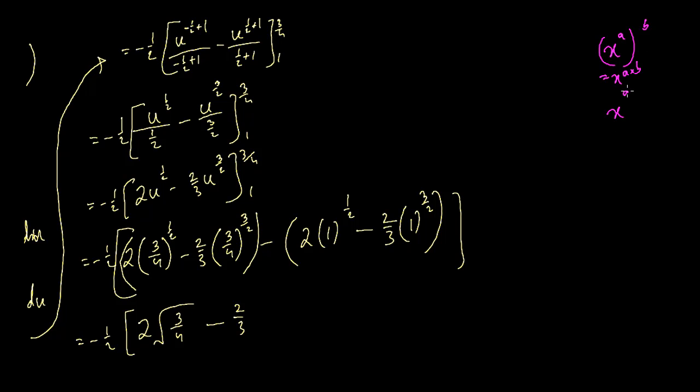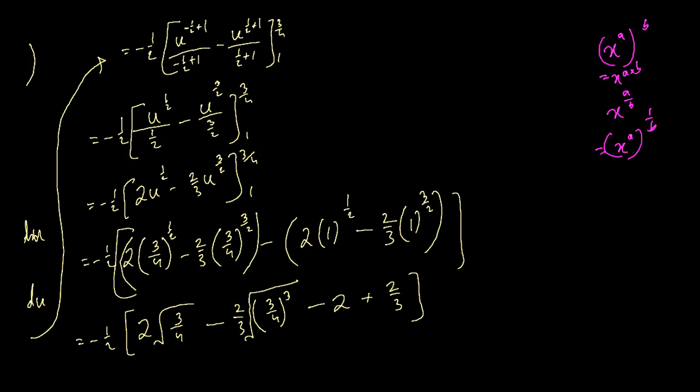Similarly, x to the power a by b means x to the power a to the power b, so that when you multiply the power it becomes a by b. So by that rule we can write 3 by 4 whole cube, and the half power is going to be square root, minus, if you remove the bracket, 1 to the power half is 1, so this would be minus 2, then minus minus plus, 1 to the power 3 by 2 is 1, this would be 2 by 3.